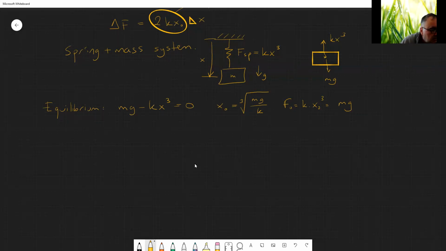Okay? For example, if you have a pendulum like this, the pendulum equation is, as you know, theta double dot plus g over L sine theta equals 0 if there are no forces on it. Okay? The equilibrium of this is given by sine theta equals 0.